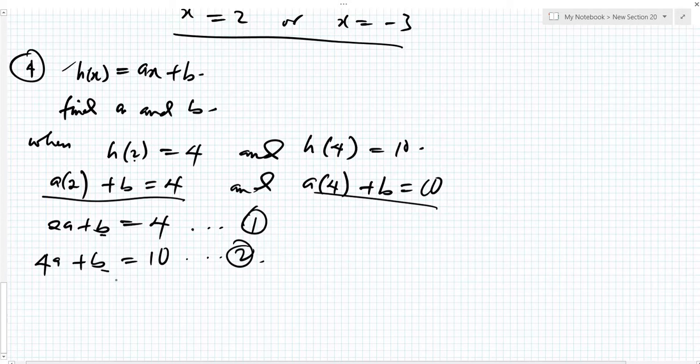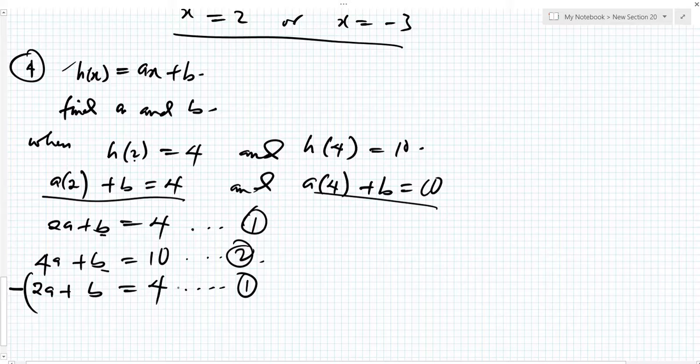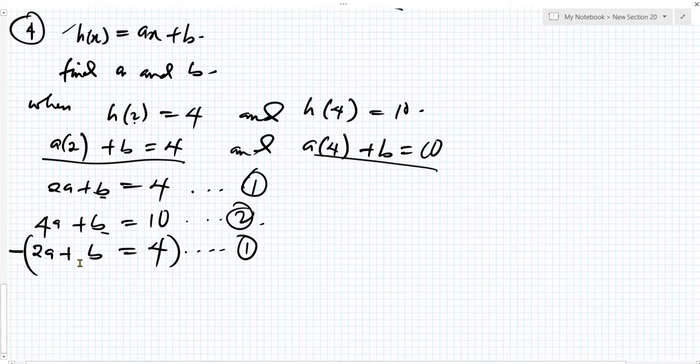So for us to solve this, we can subtract equation 1 from equation 2. So you have 2a plus b equal to 4. This is equation 1. Now we're subtracting equation 1 from equation 2.